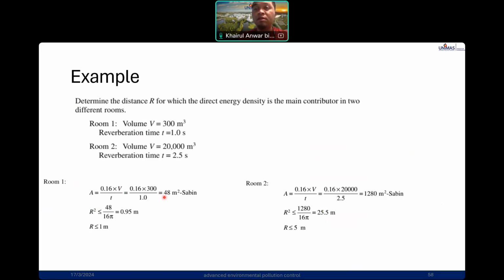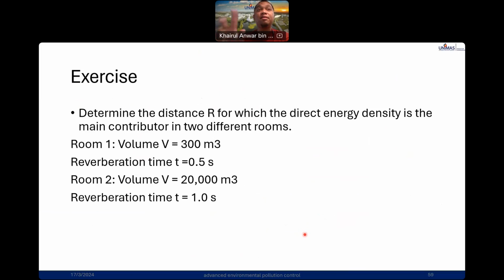Divided by 16 pi, you get R squared of 25.5, so R equal to 5 meters. Meaning, for the direct sound to be dominant over the reverberant sound from the receiver to the sound source, it requires about 5 meters. That is the R. We do this exercise.